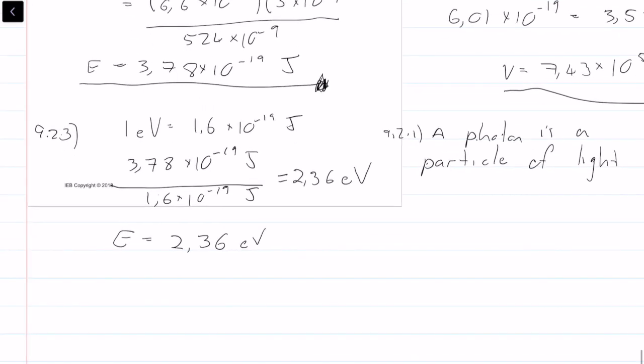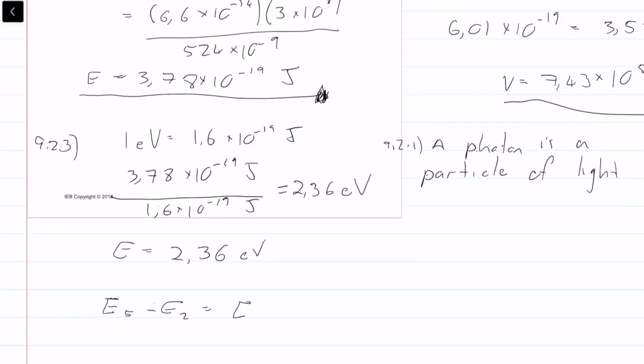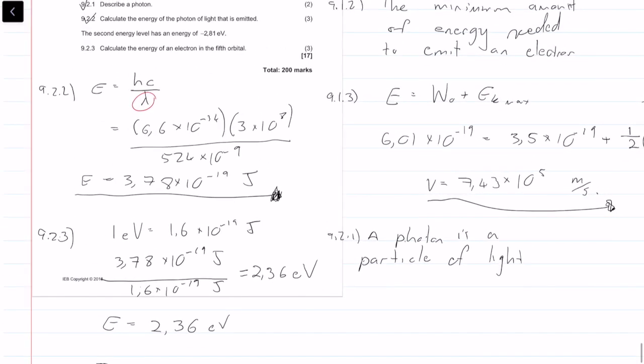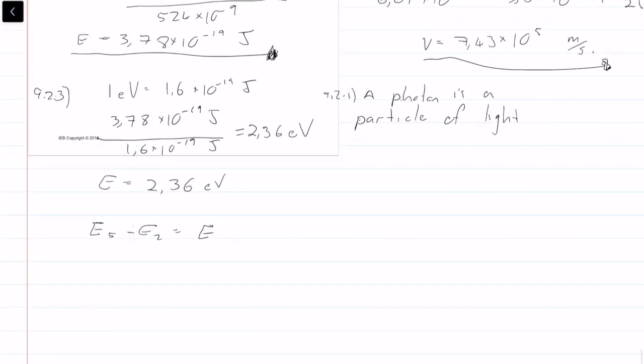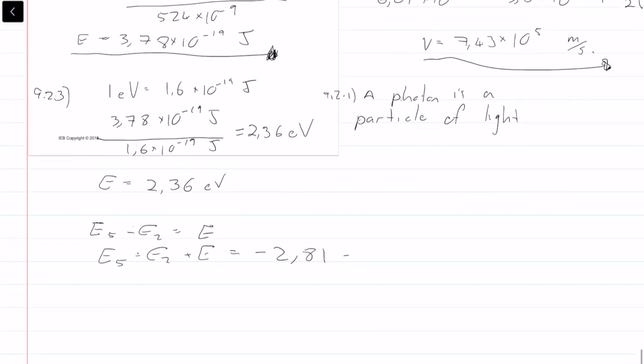Now we can say that E5 minus E2, so getting emitted from 5 to 2, is equal to our total energy. We know what E2 is, so E5 is going to be equal to E2 plus E, which is minus 2,81 plus 2,36.